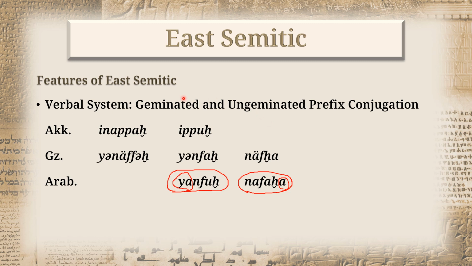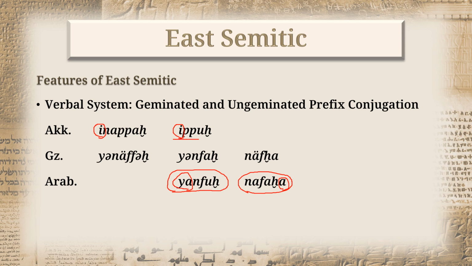But in principle, Akkadian has these two forms, inappach and ippuch. Both are using prefixes. Okay. So if you conjugated ippuch, you would have forms also like nippuch, tappuch, tappuchi, etc., all with prefixes.